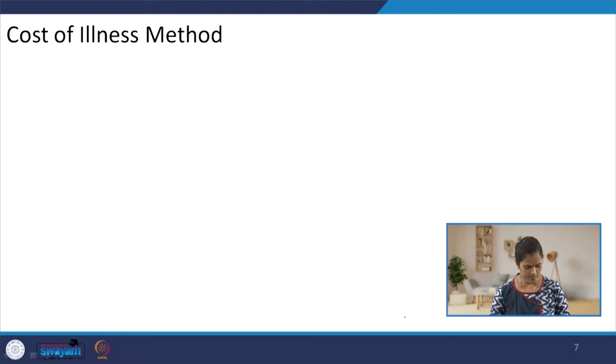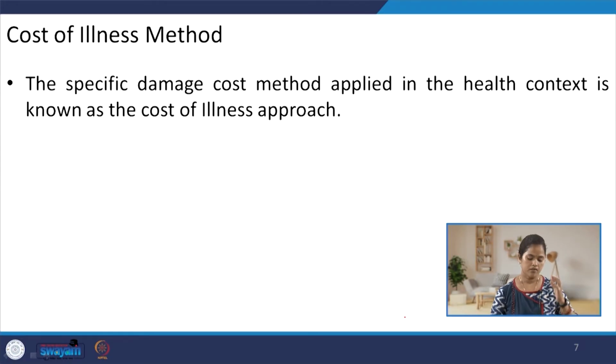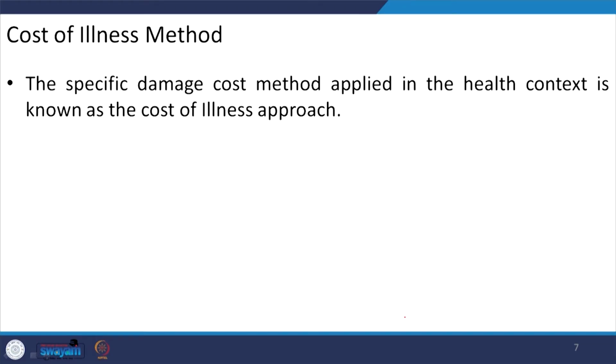So, now let us understand what the cost of illness approach is, that is what we are targeting to analyze, and whether this cost of illness method is different from the damage cost method or the same. When we are saying damage cost method, we are talking about the cost in terms of resources, taking into account direct as well as indirect costs.